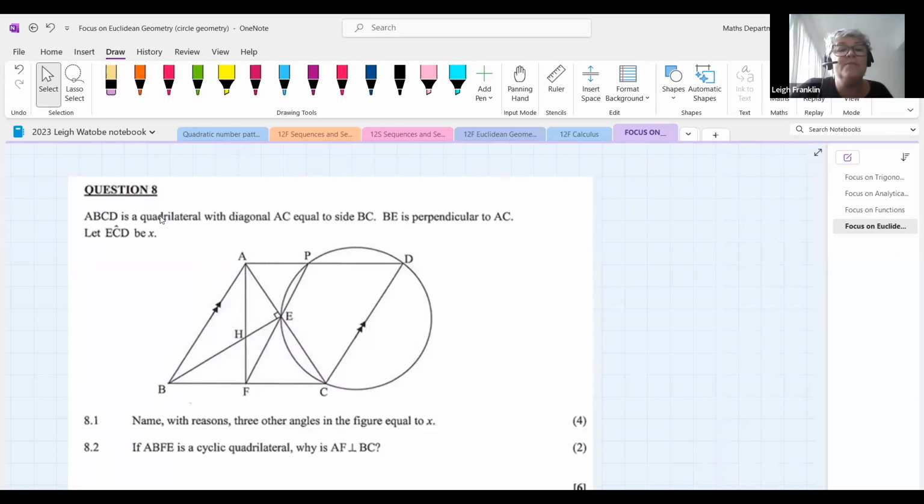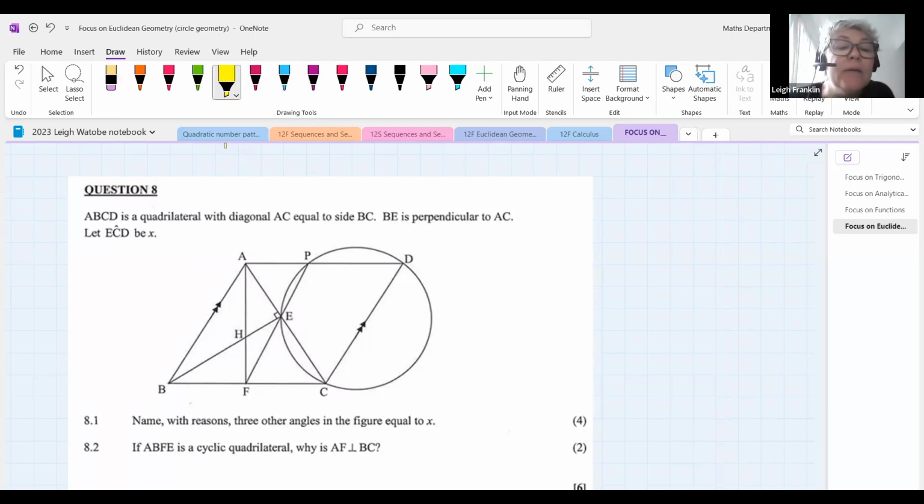The other thing that they've told us is that it has diagonal side AC equal to side BC. Now this is where reading the information is so important. So they've told us that diagonal side AC is equal to side BC. Now that is not on the diagram.